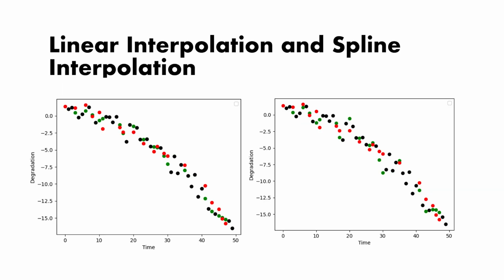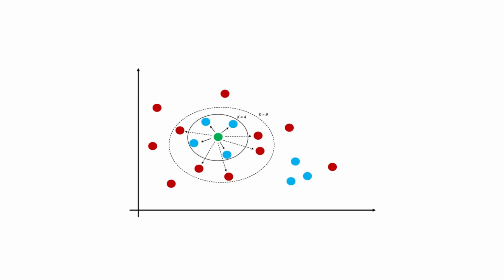But we can also resort to linear regression imputation, where we use linear regression models to first predict and then replace missing values based on other observed variables. This is suitable for data with linear relationships between the variables. Another method that I would like to talk about is the k-nearest neighbors imputation.